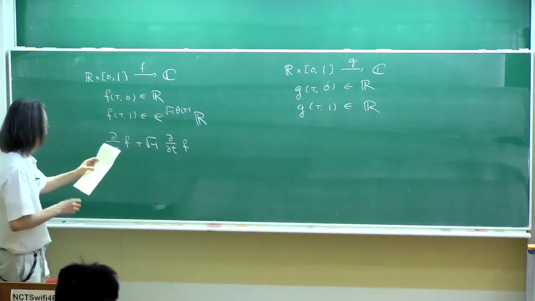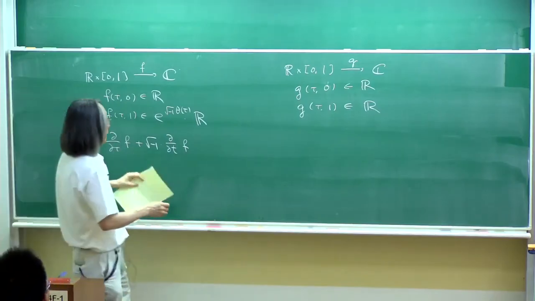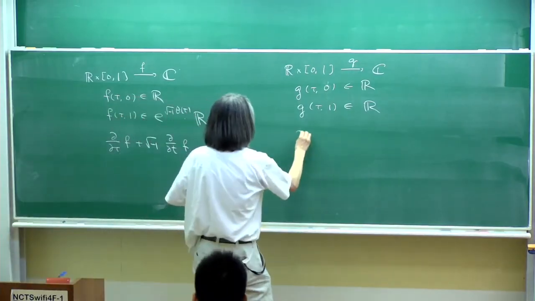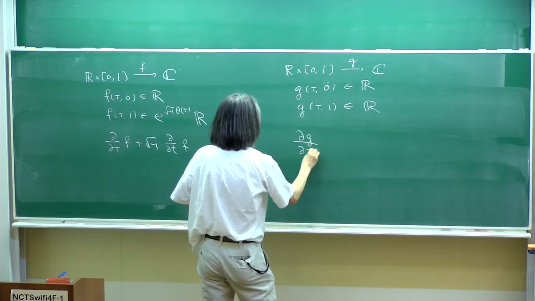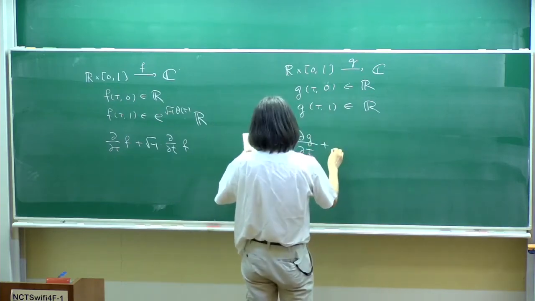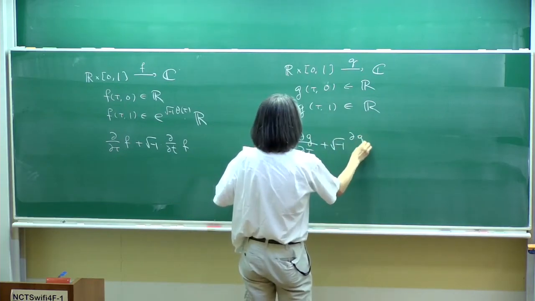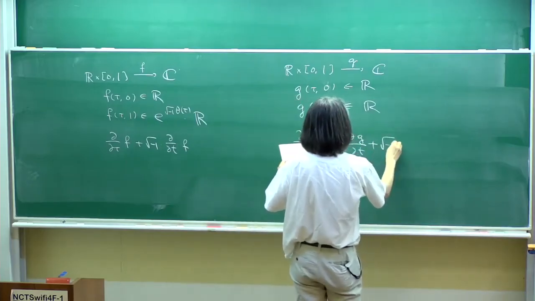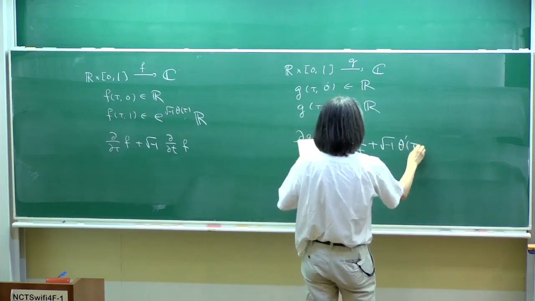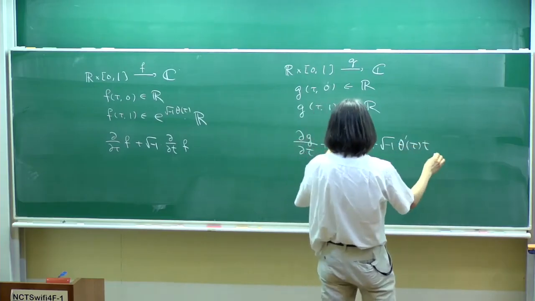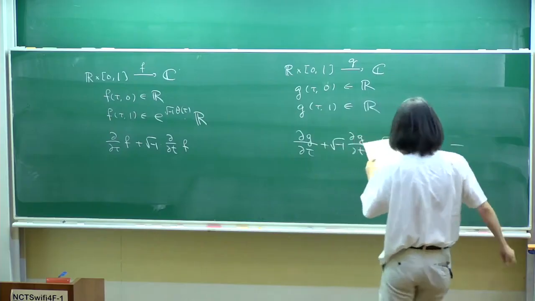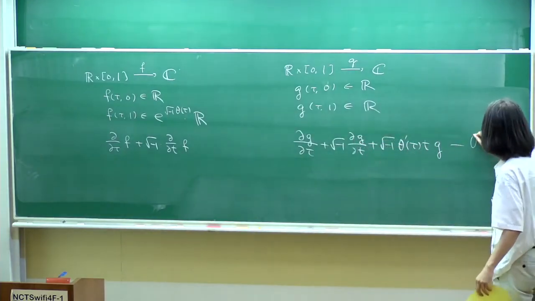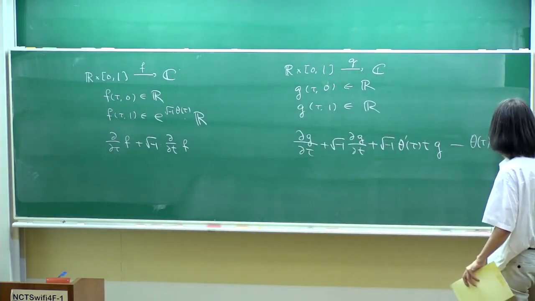I made a mistake in computation. In fact, this one corresponds to just d/d tau plus square root of minus 1 d/dt, plus maybe something like theta prime of tau t acting on g. And then finally I have this minus sign of this theta tau of g.